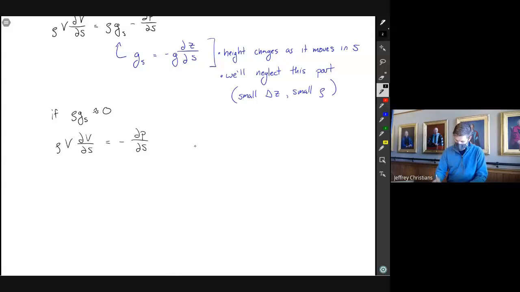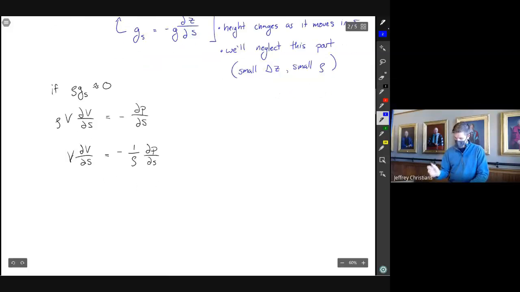Or we can say V dV ds equals minus 1 over rho dP ds. Then let's look at what these terms are.